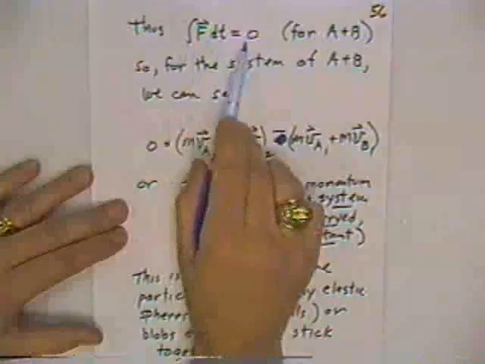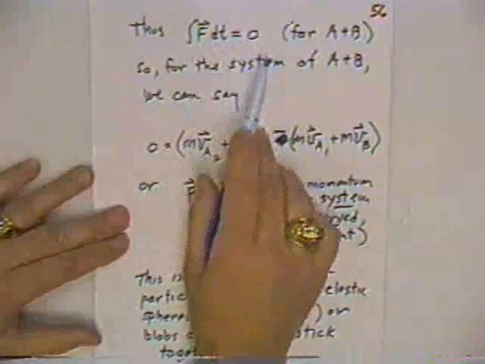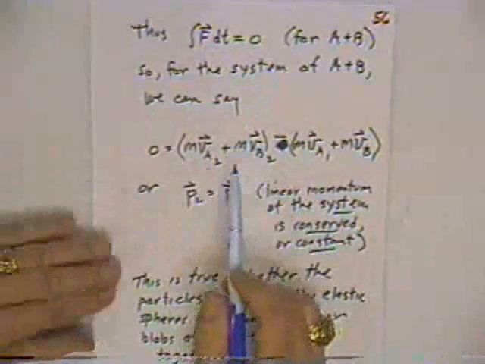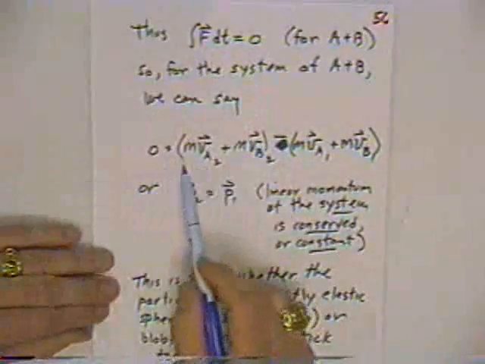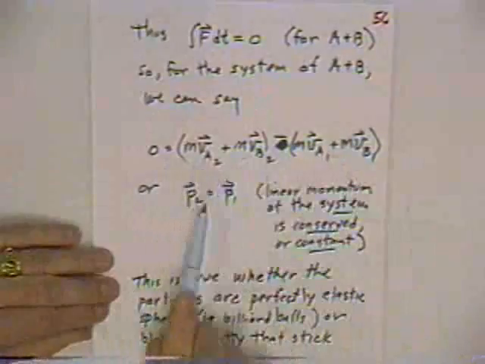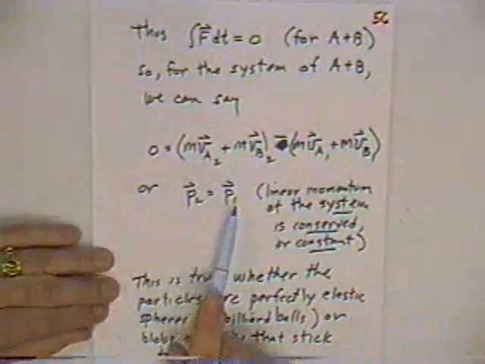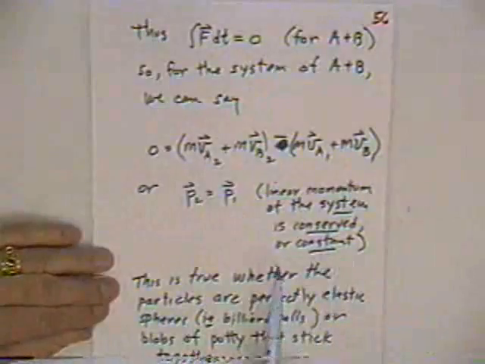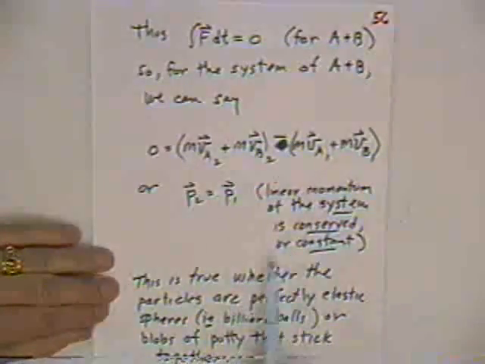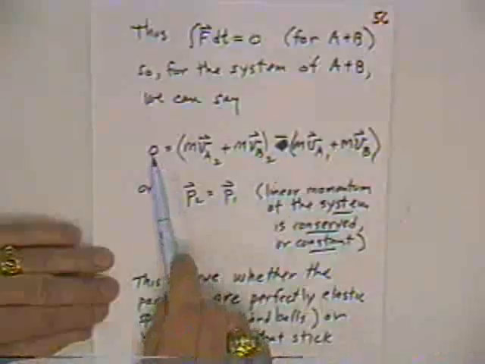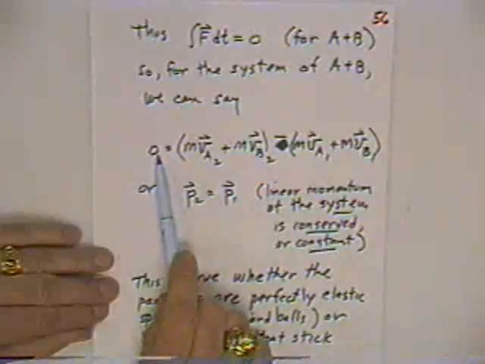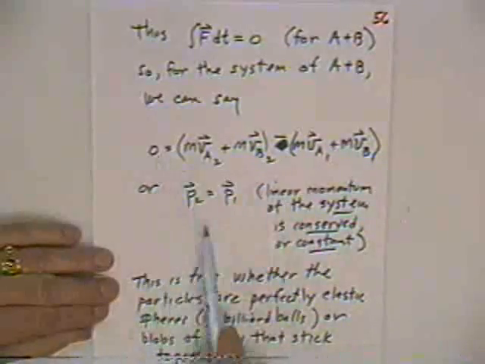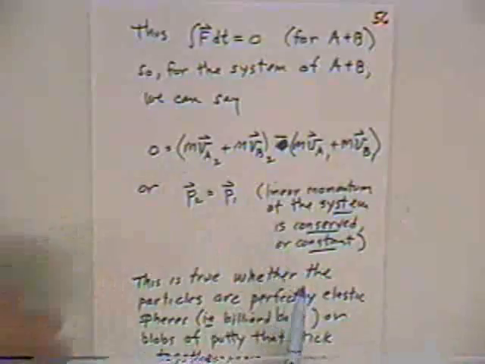So if we have a collision of two particles, and there are no impulsive forces that act, we can say that the impulse equals a change in momentum is an equation that tells us the final momentum of the system equals the initial momentum, or linear momentum is conserved. Conserved means constant. Linear momentum is not always conserved. Sometimes there's some non-zero impulse, but for this particular system, it's conserved.